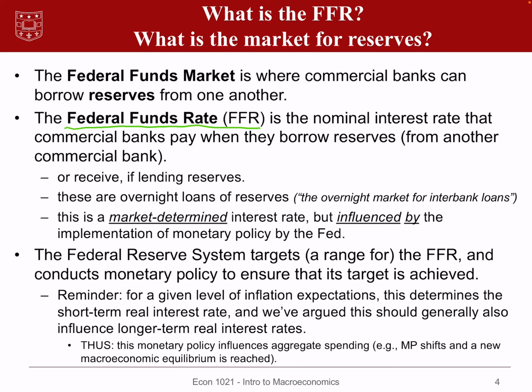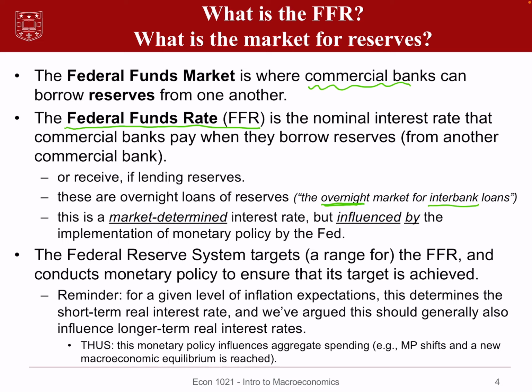So commercial banks are going to interact in this market that's known as the Fed funds market, where they are trading reserves. In fact, these are overnight loans of reserves. And so sometimes the Fed funds market is referred to as the overnight market for interbank loans, because it is a transaction that is strictly an overnight borrowing and lending agreement, and interbank meaning it's between one commercial bank and another commercial bank.